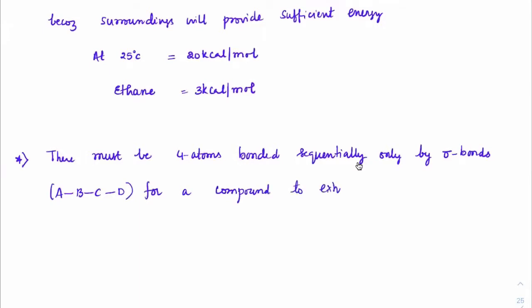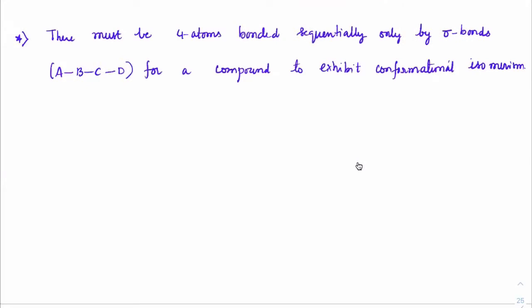What does this mean? Like this: A, then we have B, then C, then D. So minimum we should have a bonding of these 4.